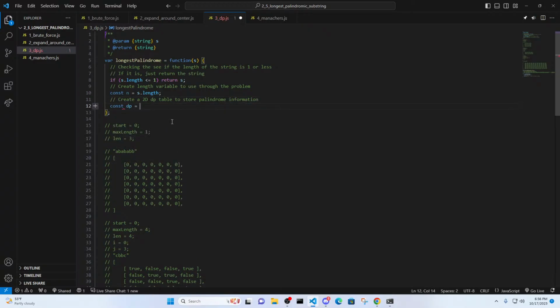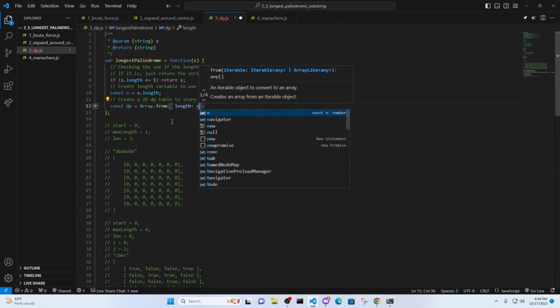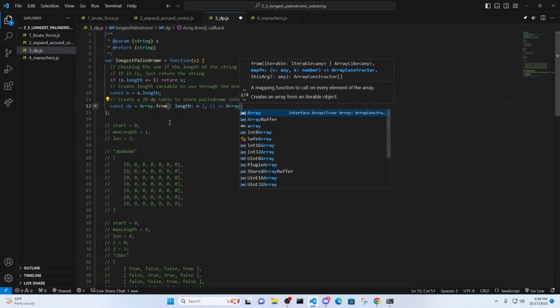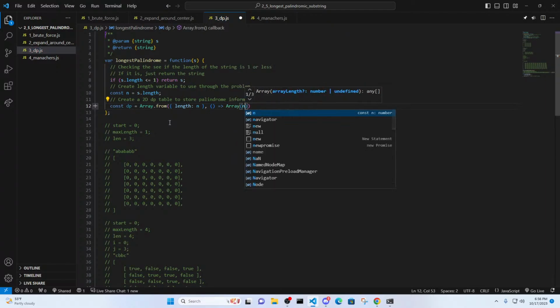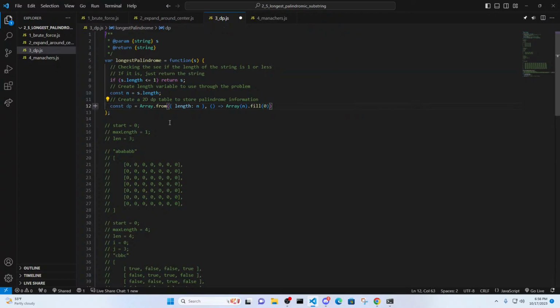Const DP equals Array.from, and we're passing in an object to create the length of n. And we're passing in the function so that each one of the elements contains its own array of n length, and we're going to fill it with zeros. Before, I actually had a version where I filled it with true and false, but it was so much more information if you fill it with 0.